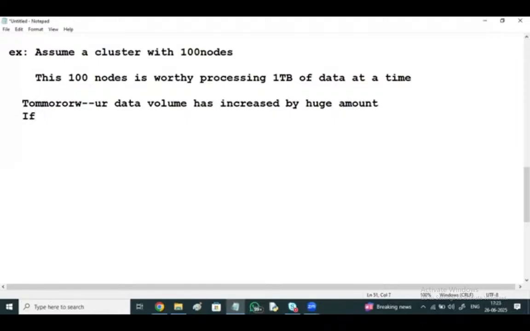If the same cluster is used, see, very simple: if a person is carrying a 5 kg bag, he can run while carrying that bag. If the volume increases to 10 kgs or 15 kgs, the speed will decrease, right? In the same way, if the same cluster is used, speed goes down.